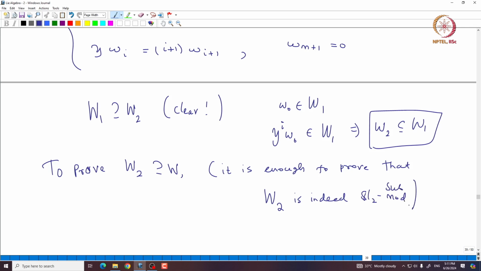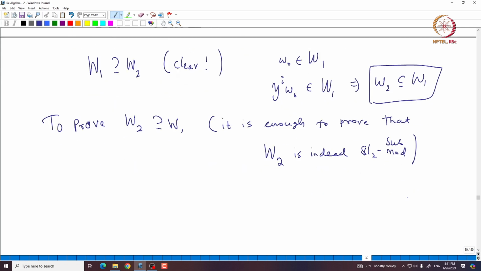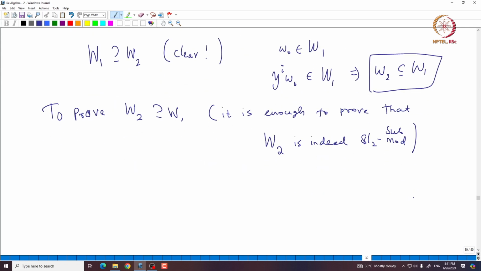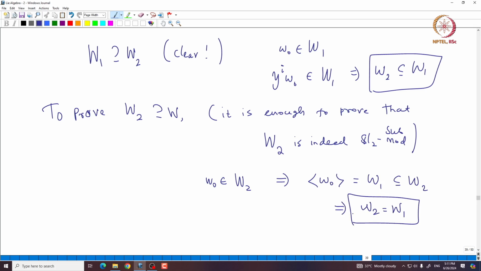Once you prove it is an SL2 submodule, W naught being inside W 2 will imply that the submodule generated by W naught, which is W 1, is a subset of W 2. That will imply that W 2 is equal to W 1. So, this is the strategy.